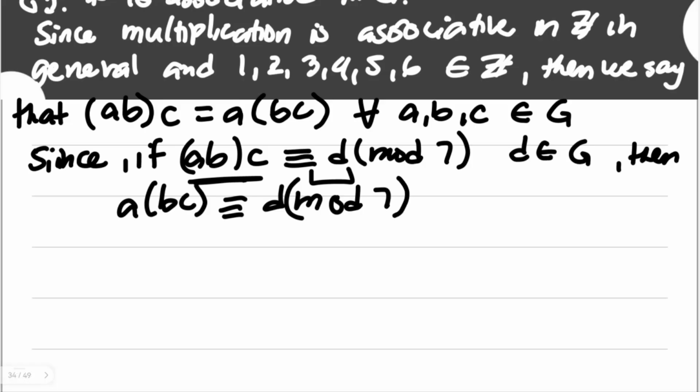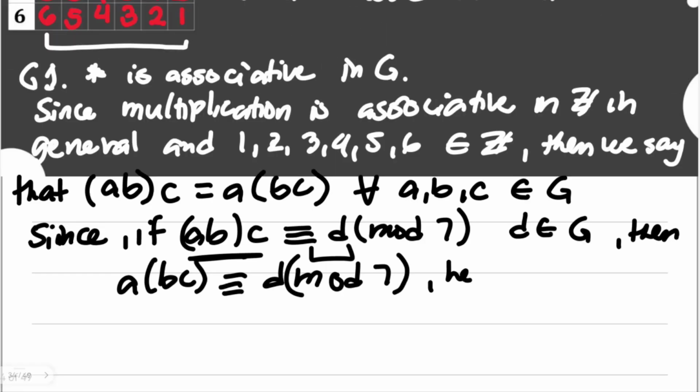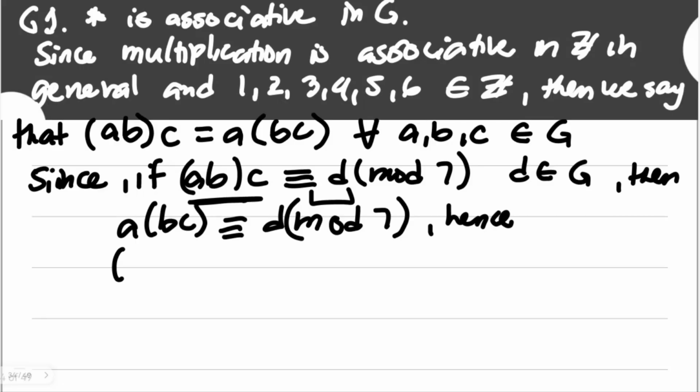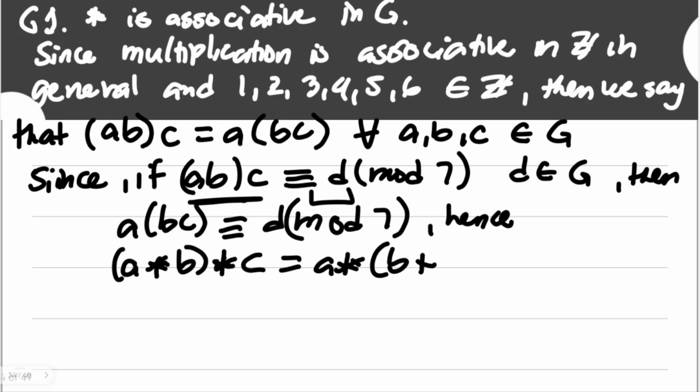So since they are actually having the same result for usual multiplication, and the idea of multiplication modulo 7 is already presented here, hence we can say here that A star B star C is just equal to A star B star C grouped the other way.